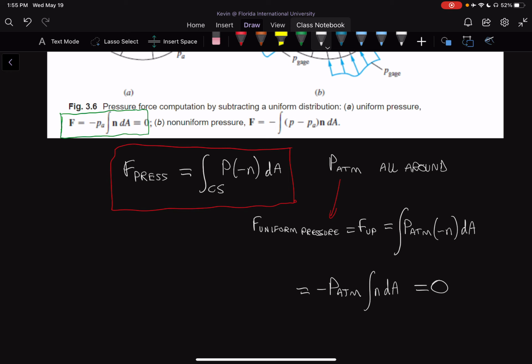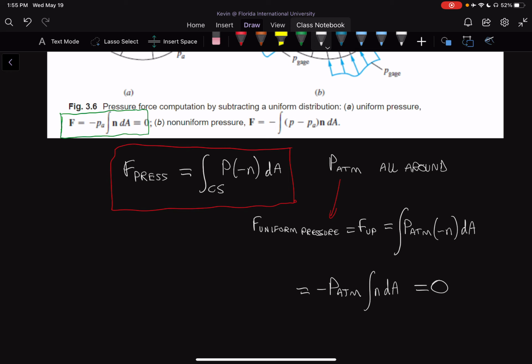And all the atmospheric pressure is doing on our system is pushing, for example, on the left of our body, pushing us towards the right, and on the right of our body, pushing us towards the left. So actually, the sum of all the pressures is essentially equal to 0. So we do not feel atmospheric pressure.